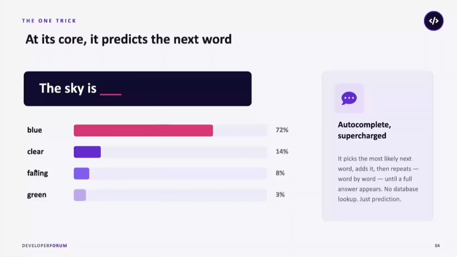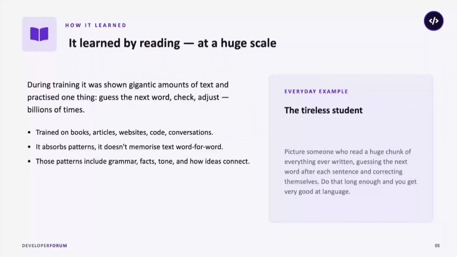Now, a fair question. How can something so simple write code, explain topics, or hold a conversation? That's where the large part earns its name, and it's the next thing we will look at. To predict the next word, the model first had to learn, and the way it learned is by reading on a scale no human could ever do.